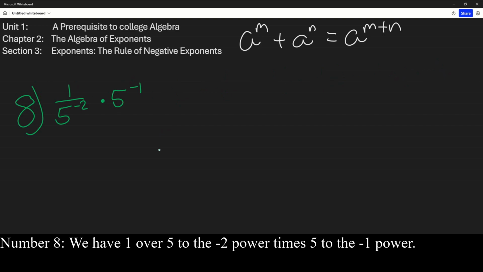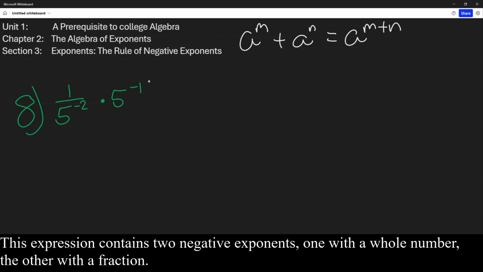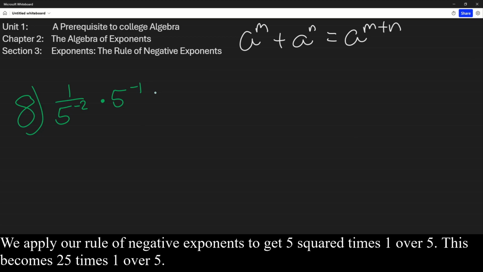Number 8, we have 1 over 5 to the negative 2 power times 5 to the negative 1 power. This expression contains two negative exponents, one with a whole number, the other with a fraction. We apply our rule of negative exponents to get 5 squared times 1 over 5.